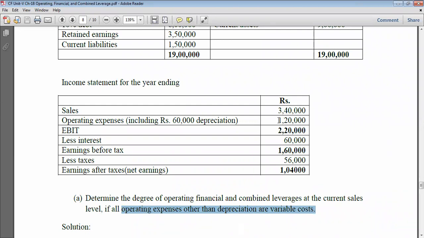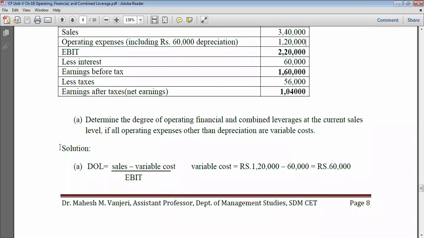So variable cost will be 1,20,000 minus depreciation of 60,000, which is only 60,000. If you do not consider this, then your answer will be wrong, as you will consider all 1,20,000 as variable cost. So this is a simpler one, as I mentioned. Let's go ahead directly with the solution.